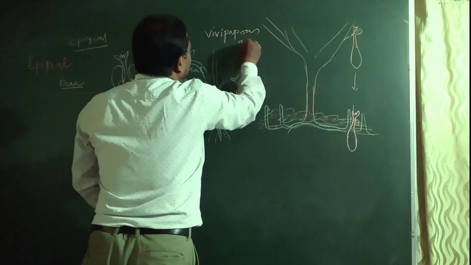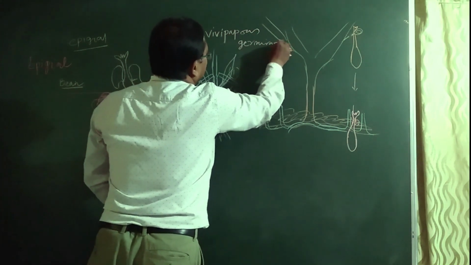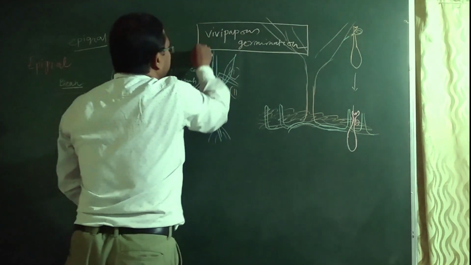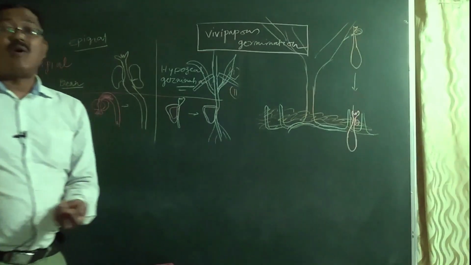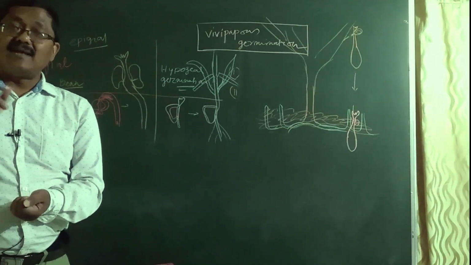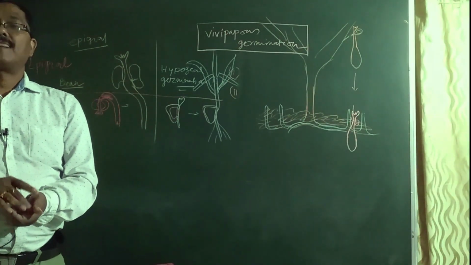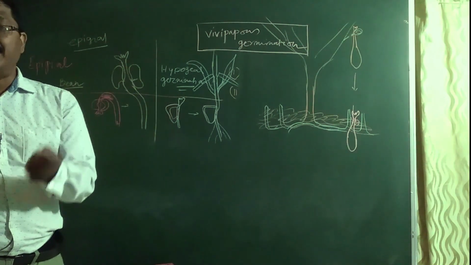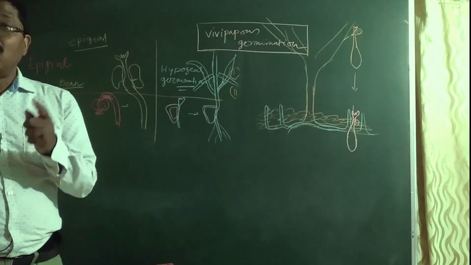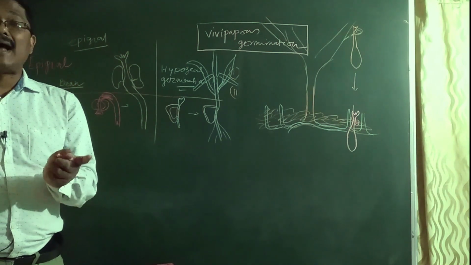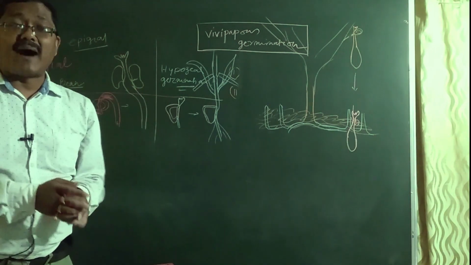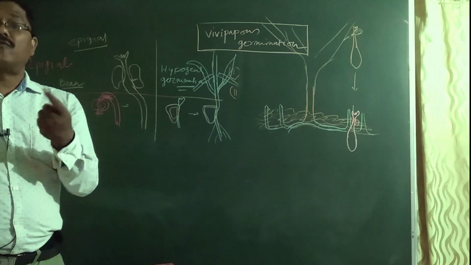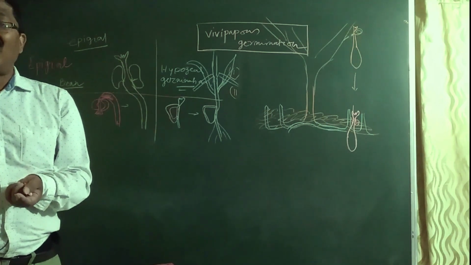Viviparous germination. Just like a viviparous animal. What is a viviparous animal? The animal which gives birth to a young baby from its womb. And why do they give birth? Because they protect their embryo from the external harsh environment.